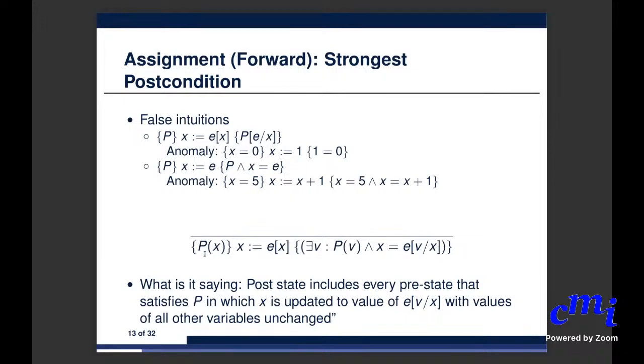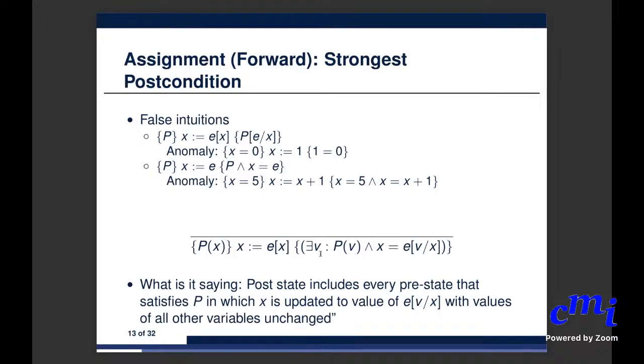So if you start from a predicate P, this rule defines the postcondition. It answers the question: if you start from a precondition P, what would be the strongest thing that you can state after assigning the value of some expression E, which may involve x as well as other variables, to x?